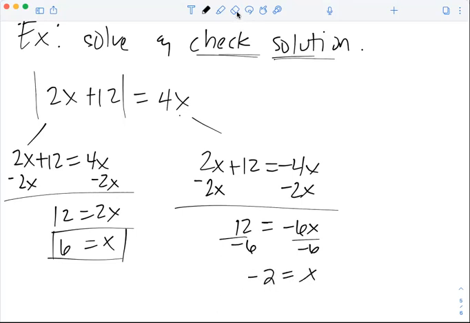Okay, so actually I shouldn't even box these answers yet, because we need to check. We don't know if these are solutions that we're going to reject or keep. So let's check x equals 6 first.